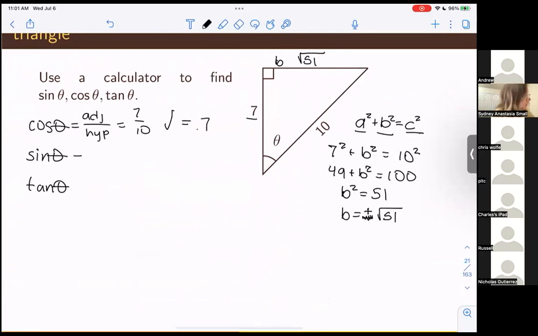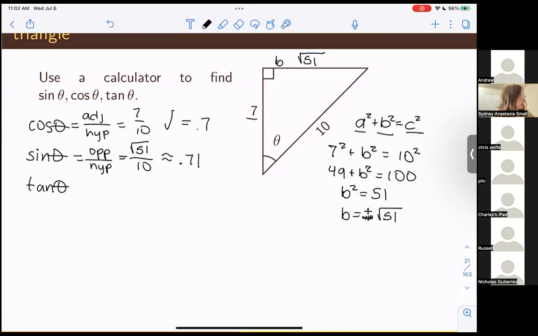Okay, sine of theta is the opposite over the hypotenuse. The opposite in this case is the square root of 51 we just solved for. And the hypotenuse is 10 again. So that is what this is. And when you plug this into your calculator, it gets us to about 0.71.